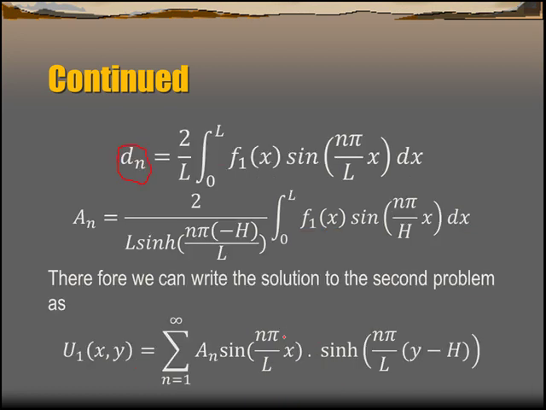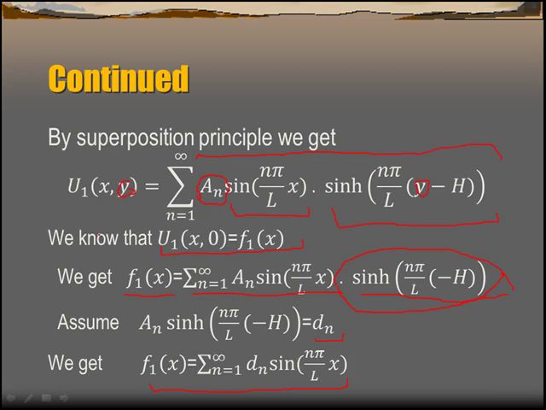So using the value of dn, we can formulate the quantity an by this integral term. So basically, if you calculate the constant an by this relation and then substitute the values of an in this expression, you will get a solution that will satisfy all the boundary conditions and the partial differential equation also.